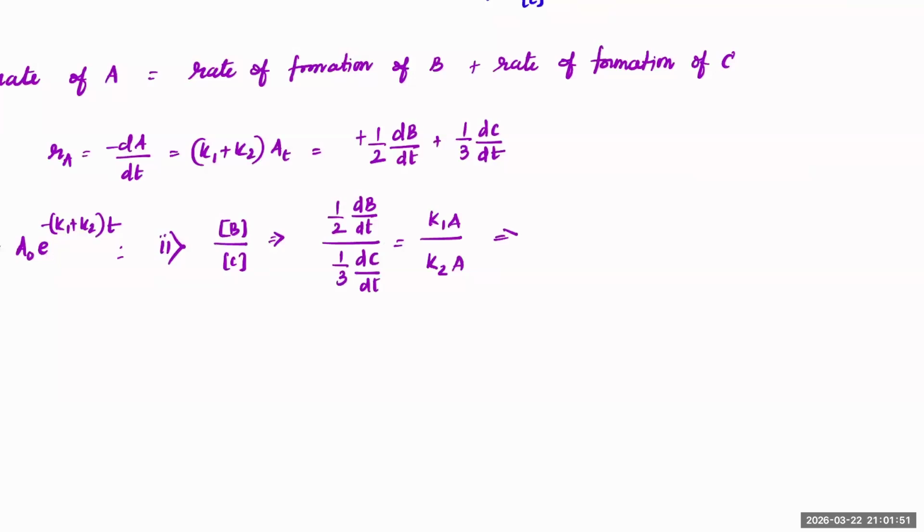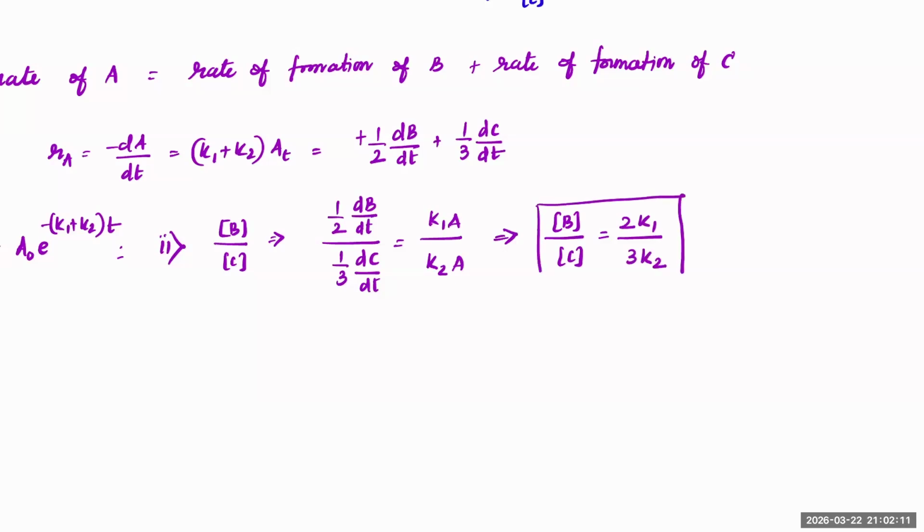Hence, the B by C concentration ratio is equal to, with the 3 going up, 3 times K1 by 2 times K2. This is the expression which you will get.